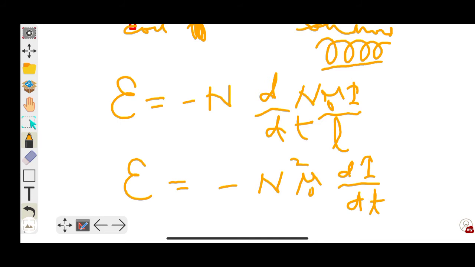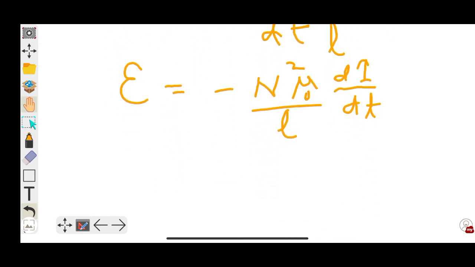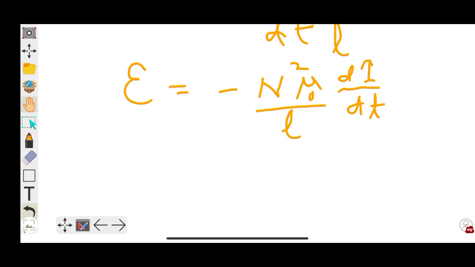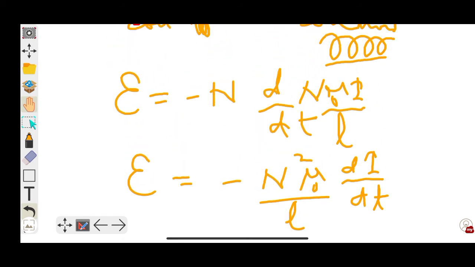So it's n square mu naught upon L as well. Or what you can say is that EMF is equal to, we were having area also, because flux will have B into A.